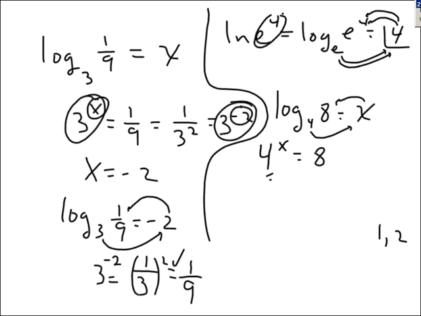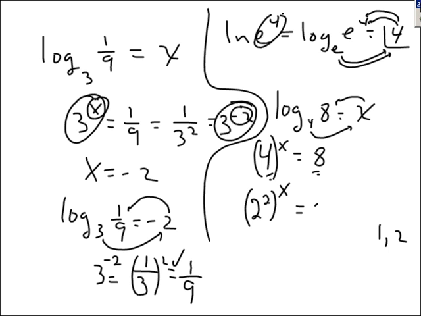Now, these bases are not the same. I can't get 8 to have a base of 4. I can get 4 to have a base of 8. But 4 and 8 I can write with a base 2. Remember, this is 4 to the x. 2 squared is just another way of writing 4, so it's 2 squared to the x.